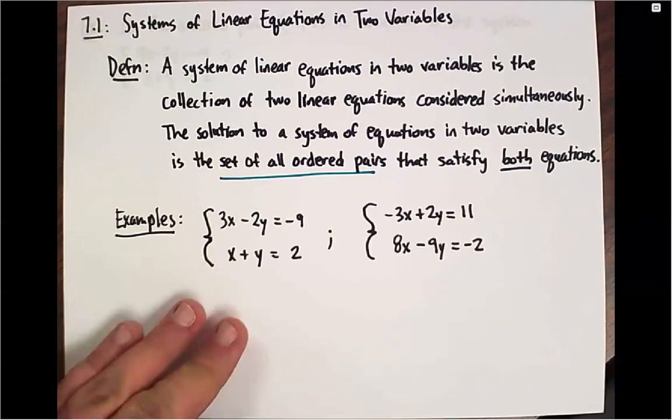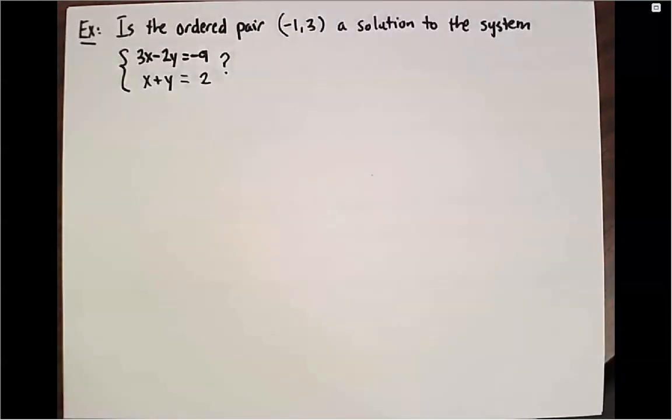Okay? But how do I know whether or not an ordered pair is a solution to a system? That's the first thing you're going to do on this homework assignment: determine whether negative 1, 3 is a solution to the system. Well, how do I determine it?